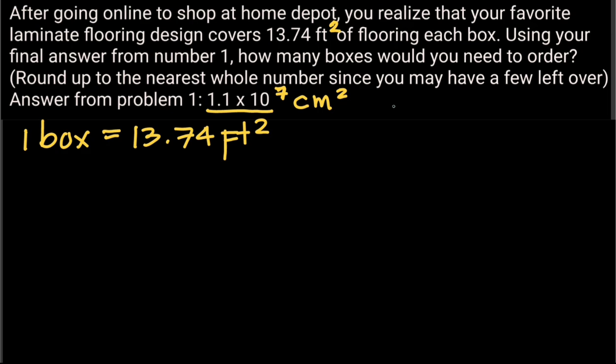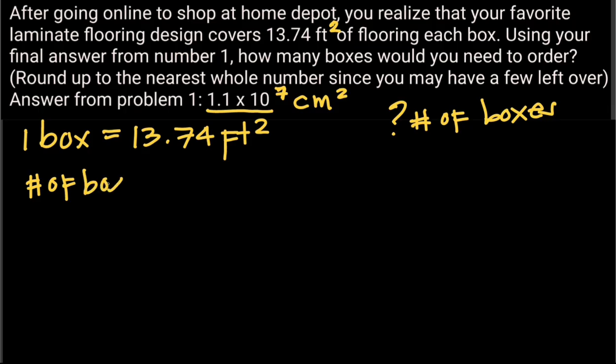And we are asked for the number of boxes. Now to solve for the number of boxes, the number of boxes you need to order is just equal to the area of the flooring divided by the area per box, which is 13.74.